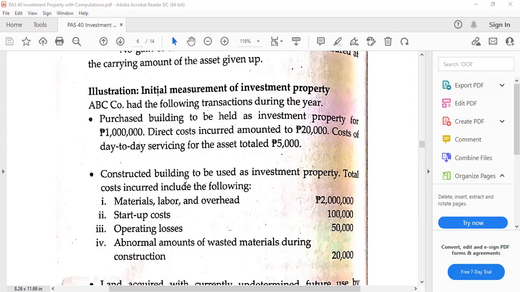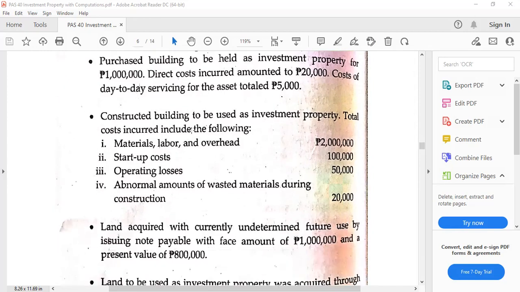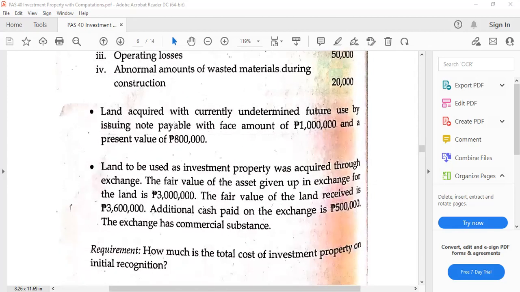If constructed, then all items like raw materials, direct labor, and factory overhead that are needed for the investment property to be finished for its intended use. Let's begin. So there are 4 items, and the question is, how much would be the cost of IP on initial recognition?